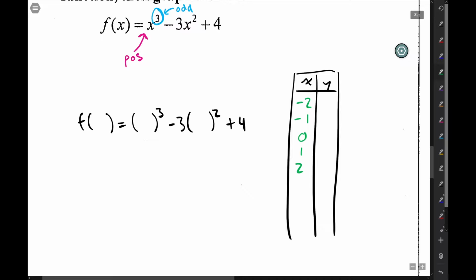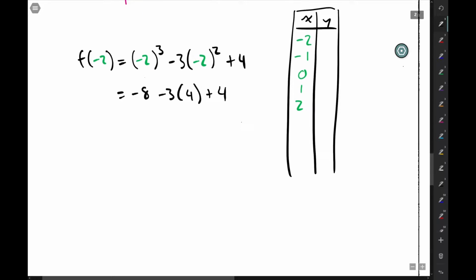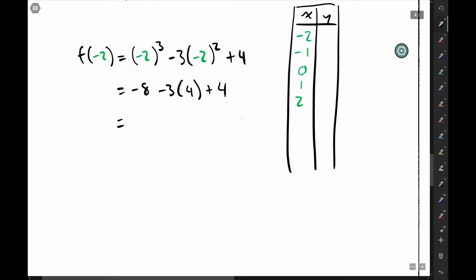Well, let's try -2. -2 will give us -2 cubed, which is -8, -3 times -2 squared, which is 4, plus 4. Do a little bit of math. Okay, so that was a little quick.